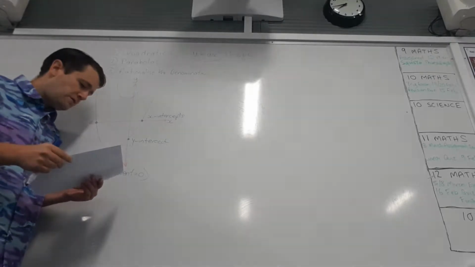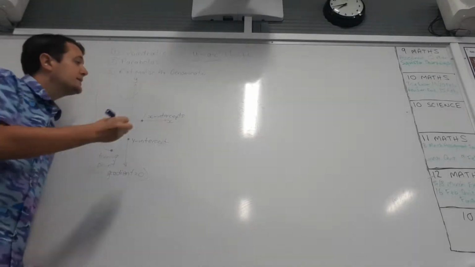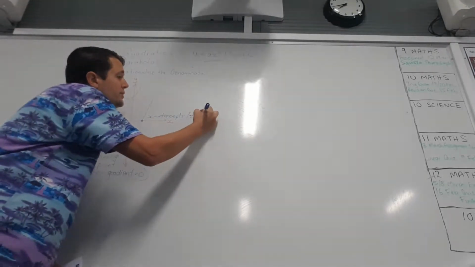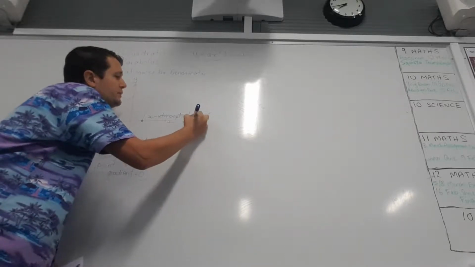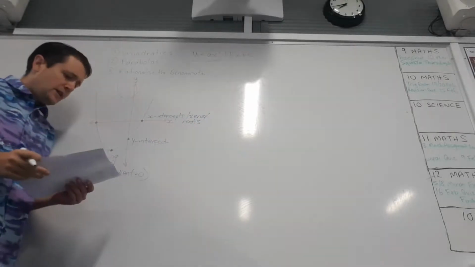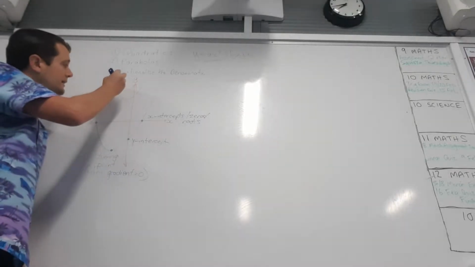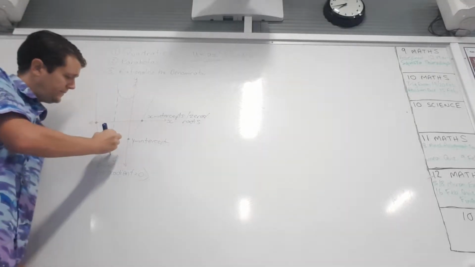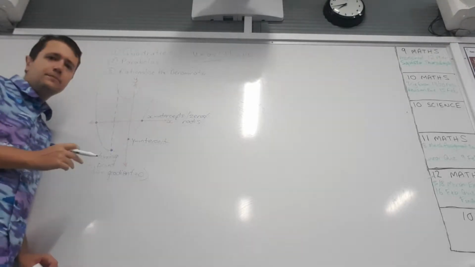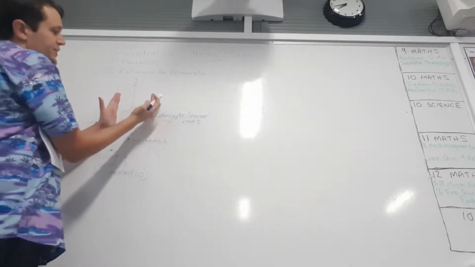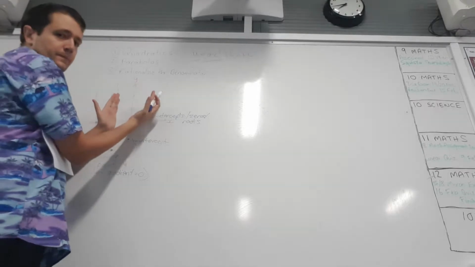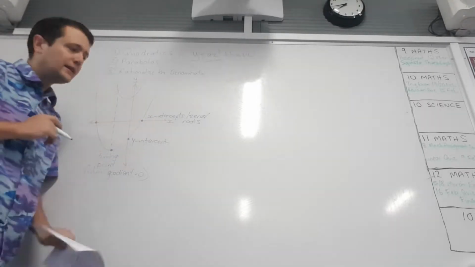What else did we want to show? X-intercepts can also be called zeros. Occasionally you'll also see them called roots. Anything else we need to include? Technically, parabolas are symmetrical. If you take what's on this side, flip it over, you should get exactly the same thing.